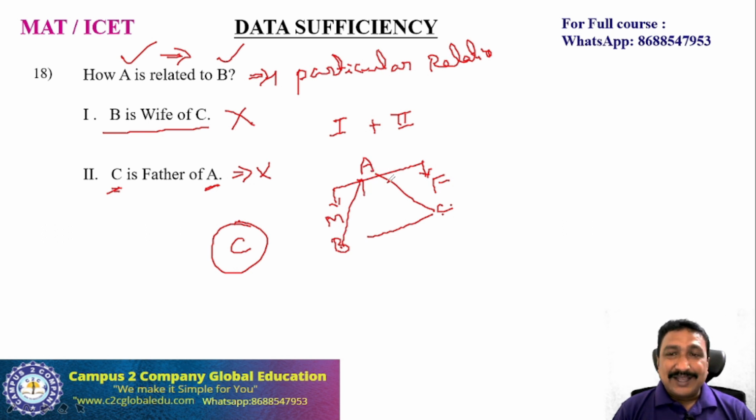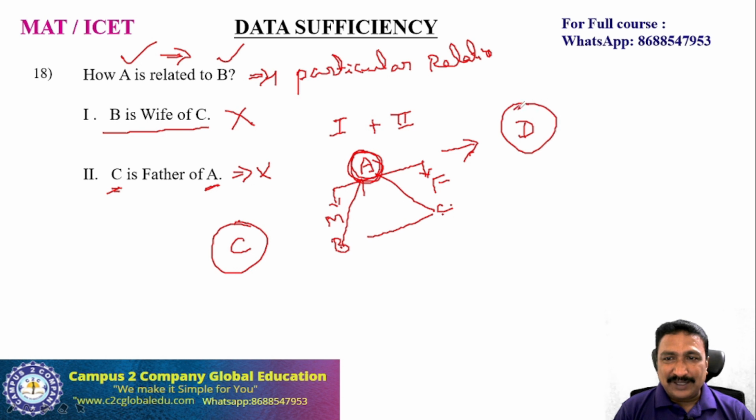In reasoning blood relations, A's gender we don't know here. If A is male, we can say A is the son. If A is female, we can say A is the daughter. So here we don't know the exact gender of A. So that's why we cannot say the answer.